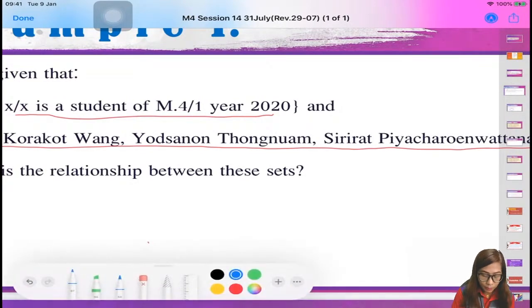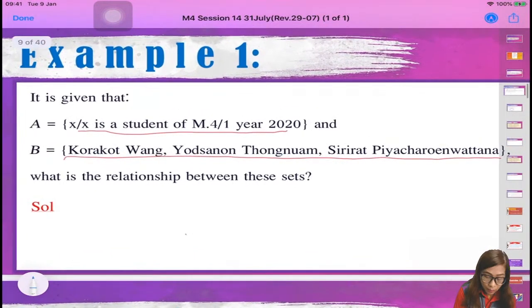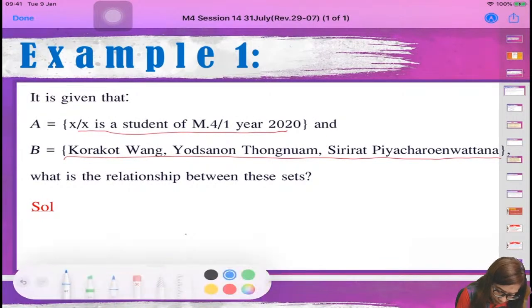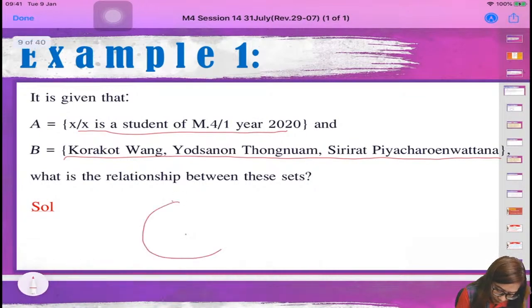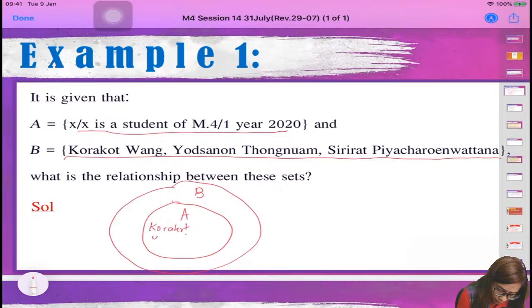Okay, so we'll have here this is A, and this is set B, and the set of Korakot, Wang, Yodsanon, and Sirirat.